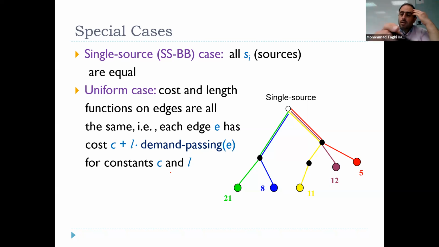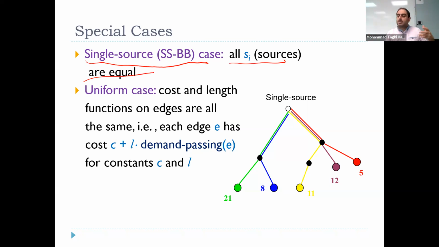Good. So here there are two important special cases of this problem. One is the single source case. It is called single-source buy-at-bulk. Here all s_i are equal.